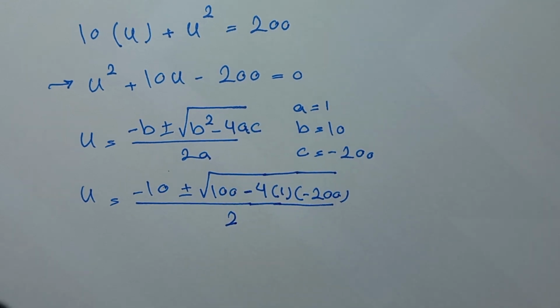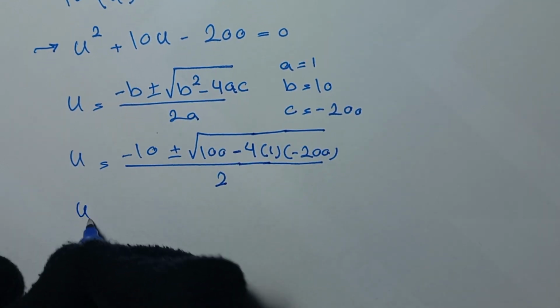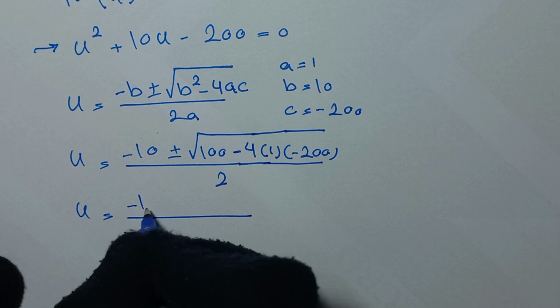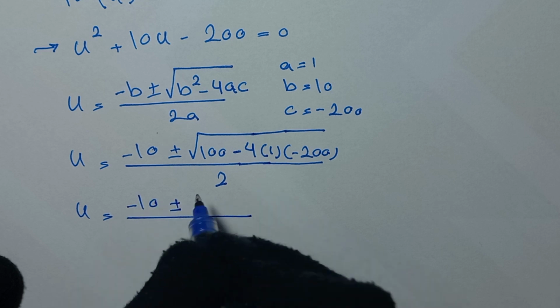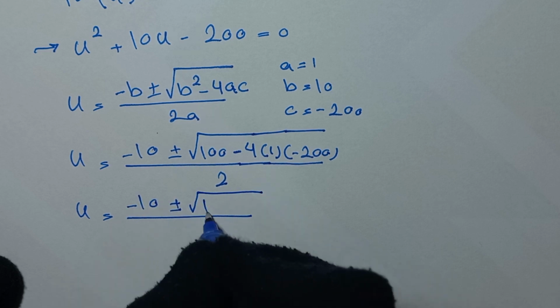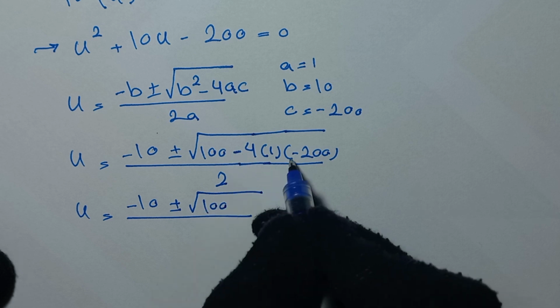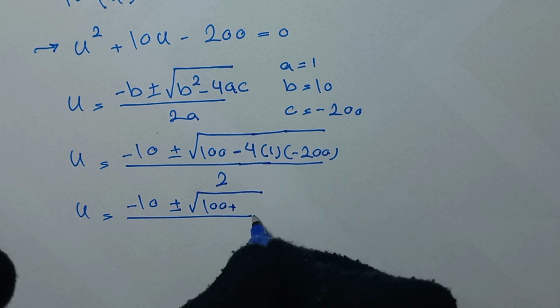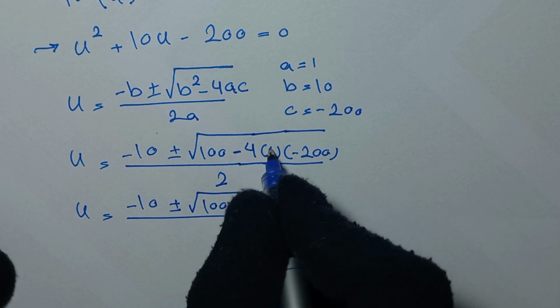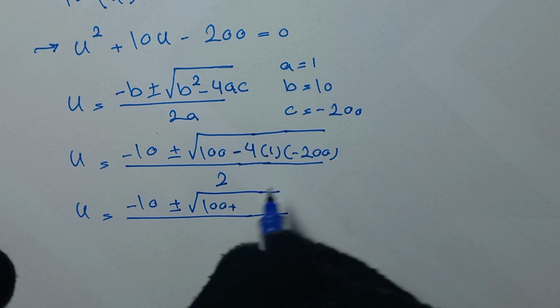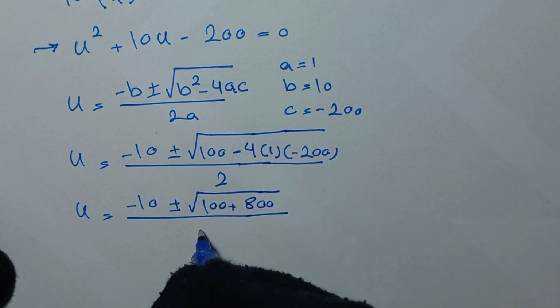Here, u is equal to negative 10 plus or minus the square root of 100. Negative times negative is positive, and 4 times 1 times 200 is 800, over 2.